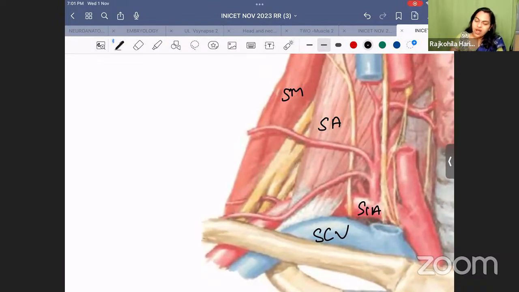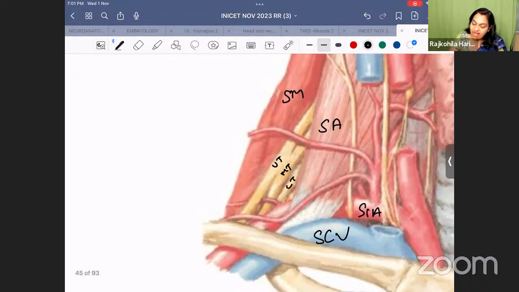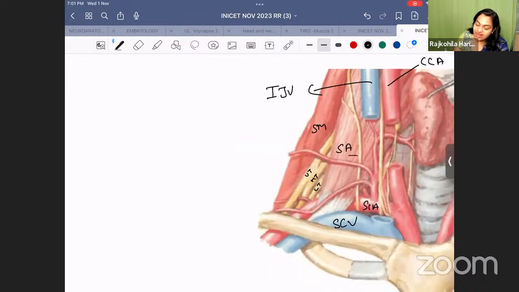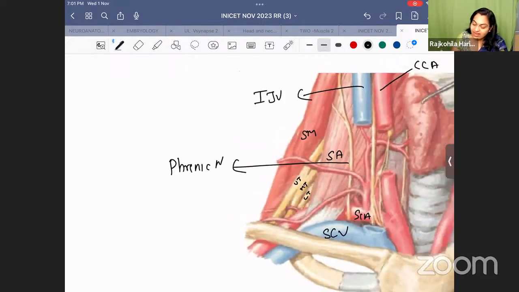Now, in the interval between scalenus anterior and scalenus medius, you get to see the trunks of the brachial plexus. Upper trunk, middle trunk, lower trunk. Running anterior to scalenus anterior, this nerve is the phrenic nerve. And this nerve running between the internal jugular vein and common carotid artery within the carotid sheath, that is the vagus nerve, right?